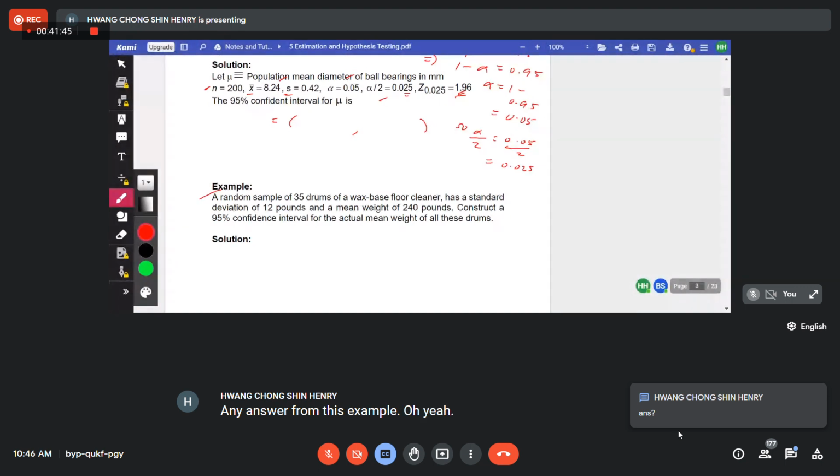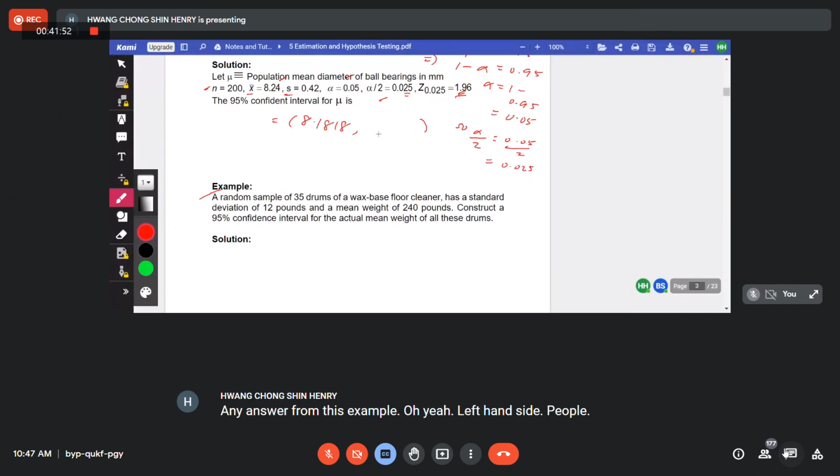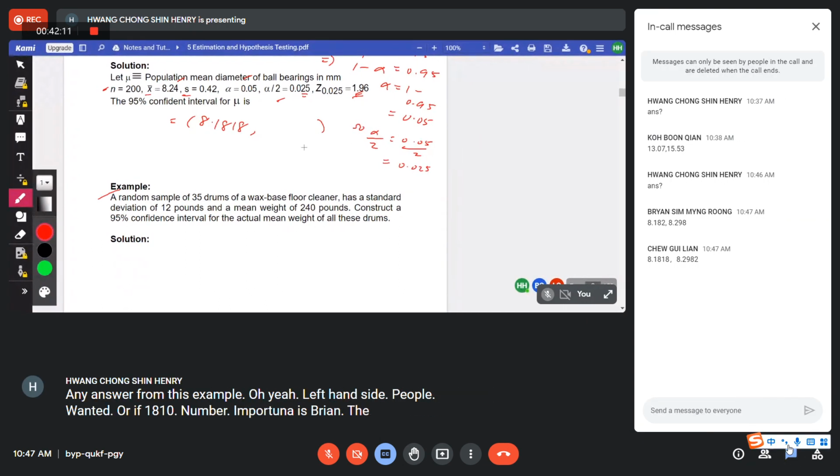Left hand side, 8 point 1818. Right hand side, 8 point 1818? Good number. 8.298, Brian. The 8.298.